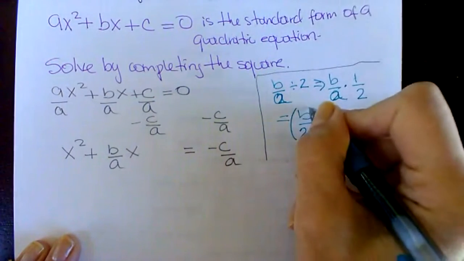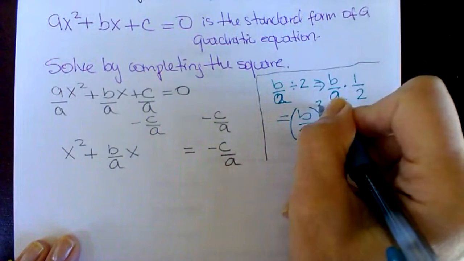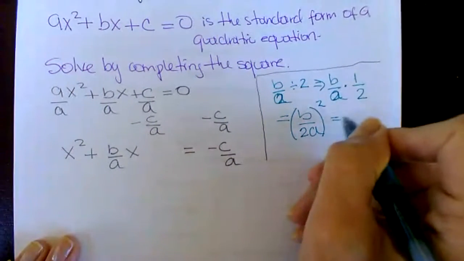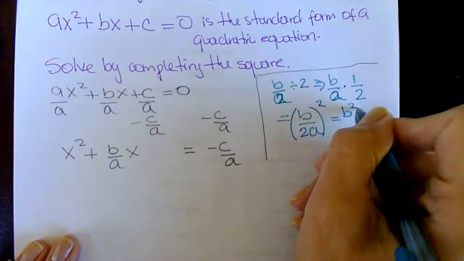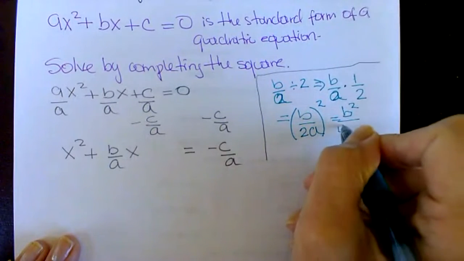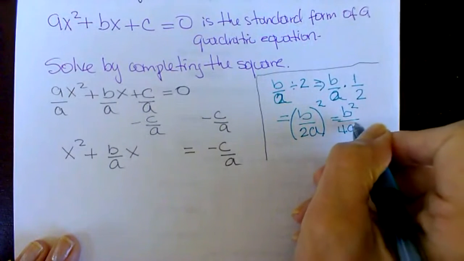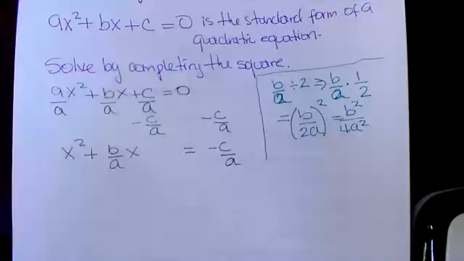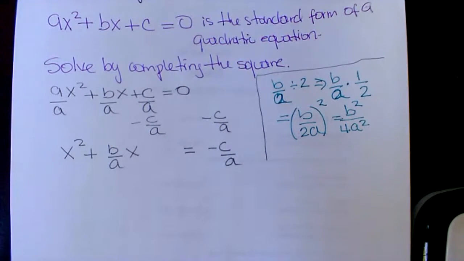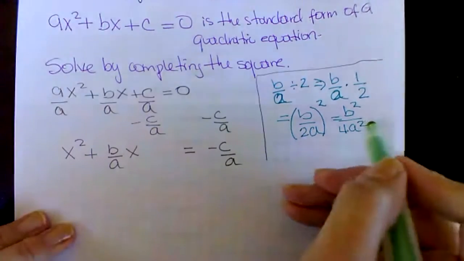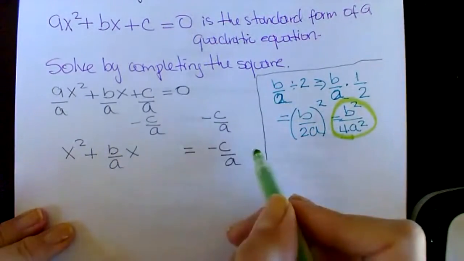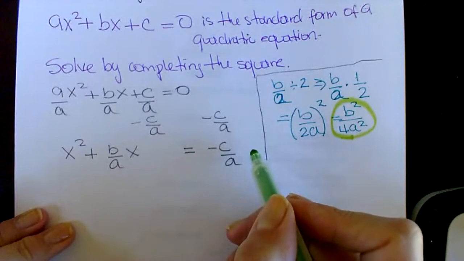Now we're going to square it. So what do we get? b squared divided by 4a squared. Now that I have that, this is what I'm going to add on both sides of the equation, okay?